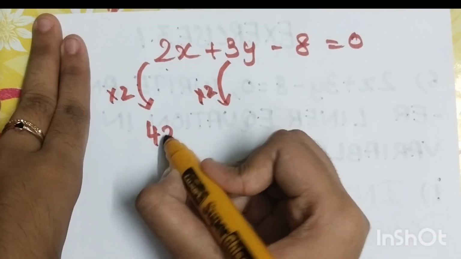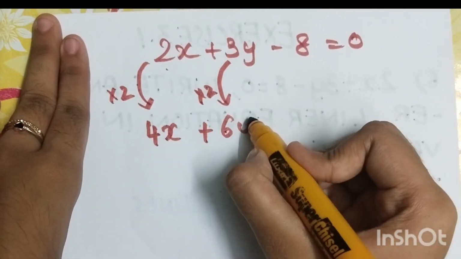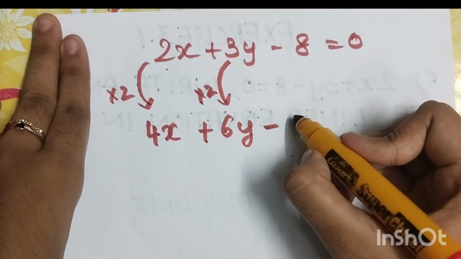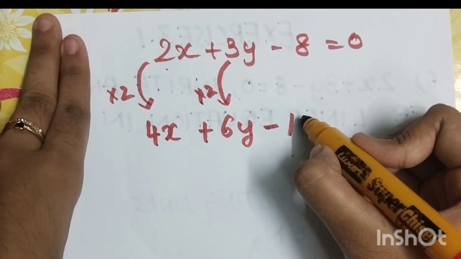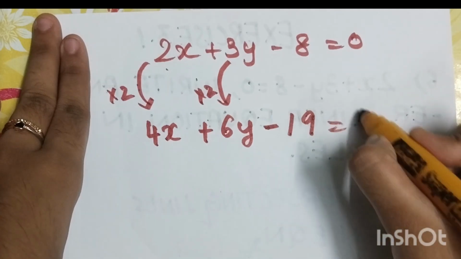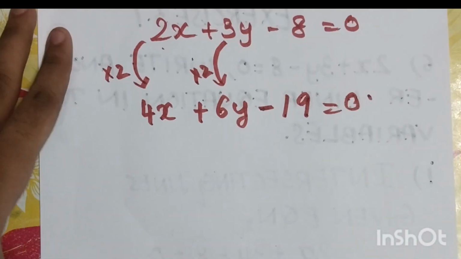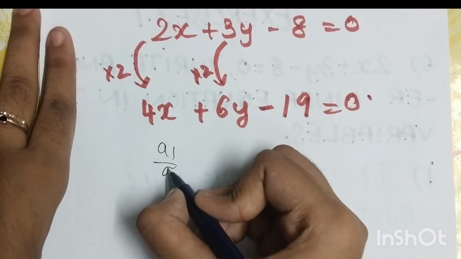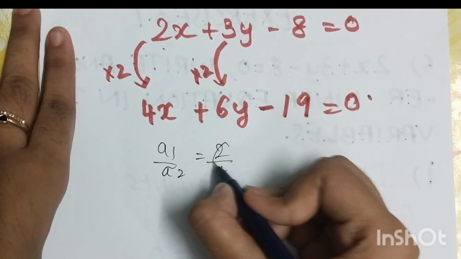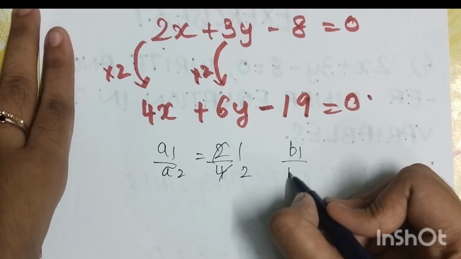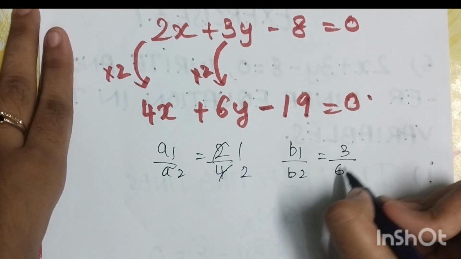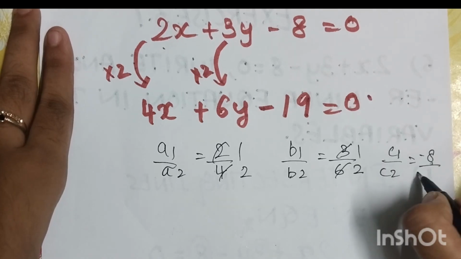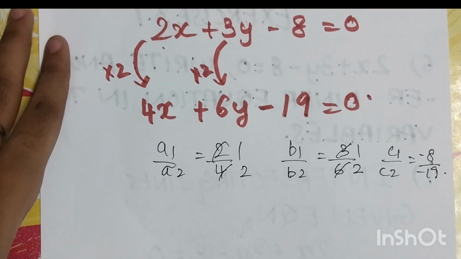So if I multiply, I'll be getting 4x plus 6y minus, say something like 12 I'm going to write, or 19 is equal to 0. So here if I put the ratio, a1 by a2 is nothing but 2 by 4, which is 1 by 2, and b1 by b2 is equal to 3 by 6, which is 1 by 2, and c1 by c2 is nothing but minus 8 by minus 19, which I cannot cancel.